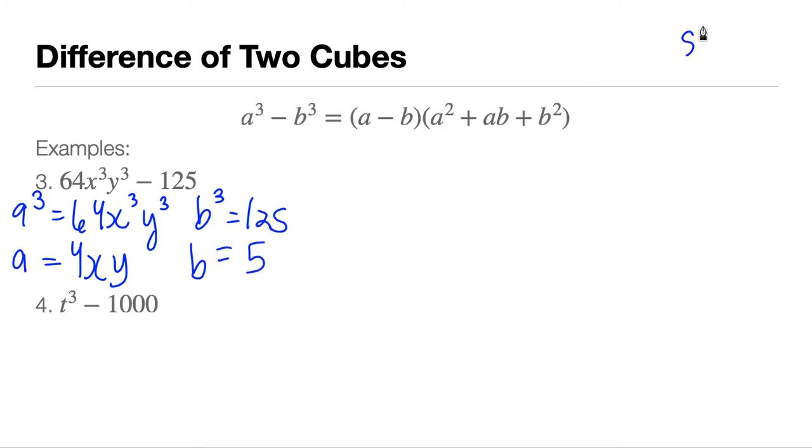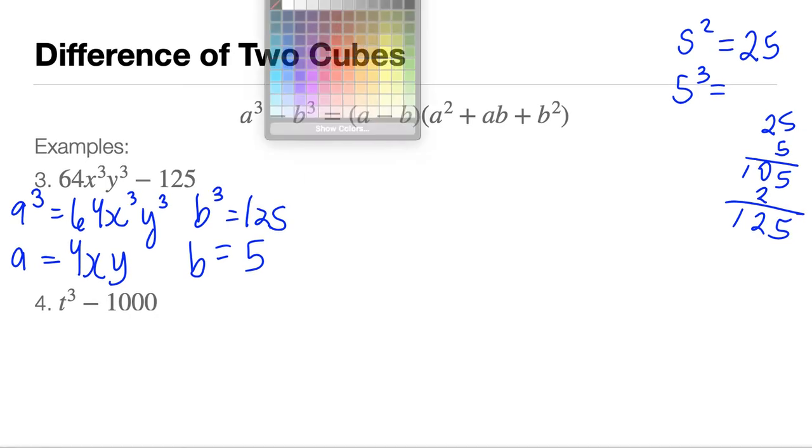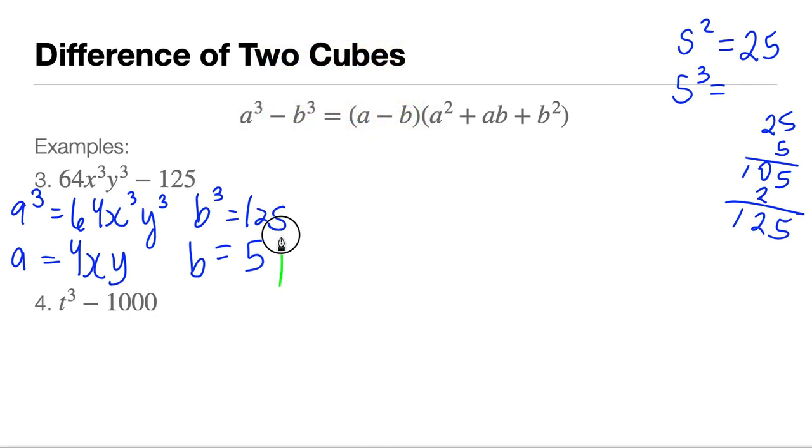If you want to check that, 5 squared is equal to 25, and 5 cubed is equal to 25 times 5, which is 125. So that's going to give us 5, surely. Let's have that.